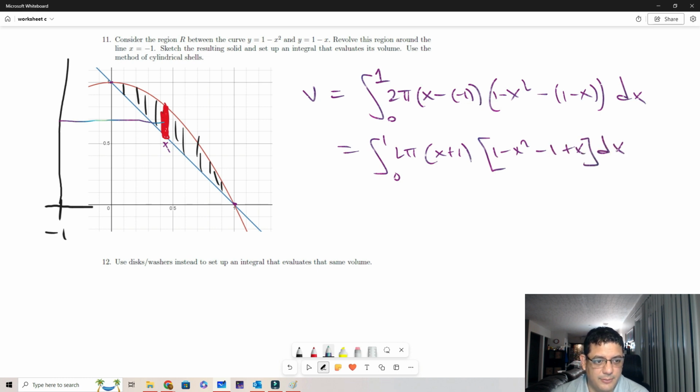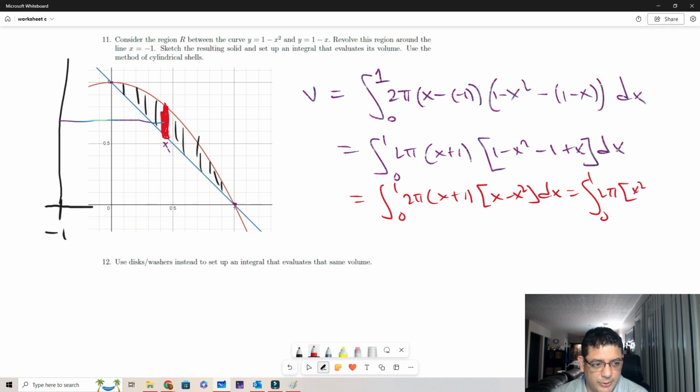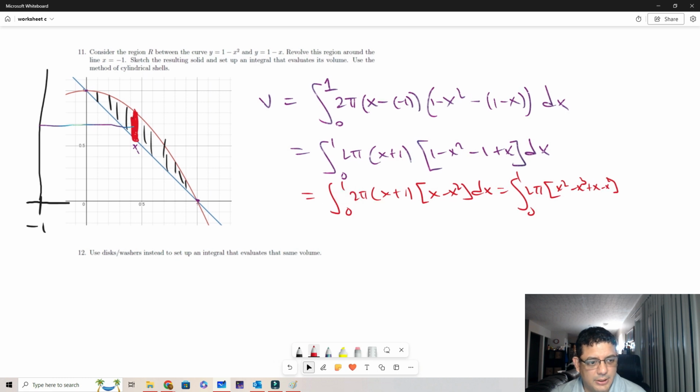So I get to cancel one of the ones. And then I'm going to have x minus x squared. And then I can simplify even more by multiplying this and this. So this is going to be x squared minus x cubed plus x minus x squared. And so now these two x squareds are going to cancel each other.